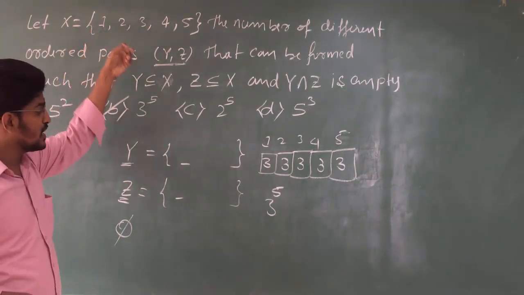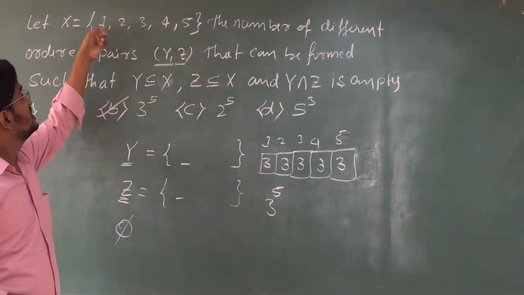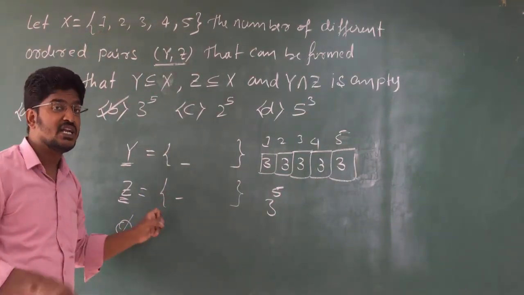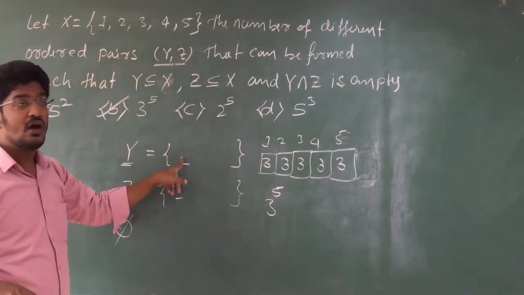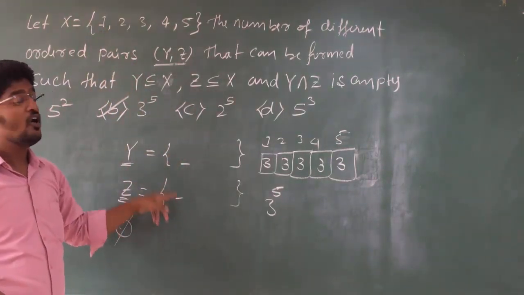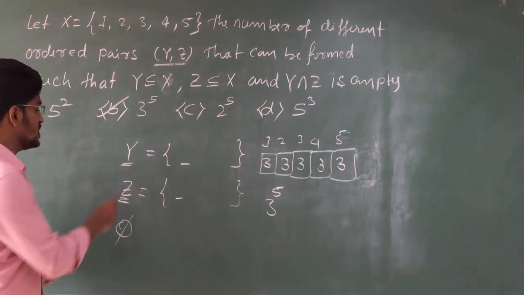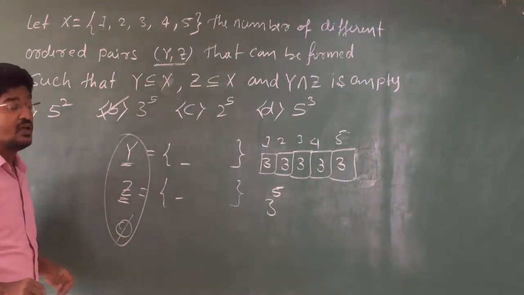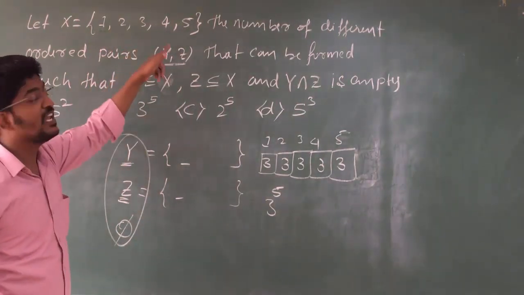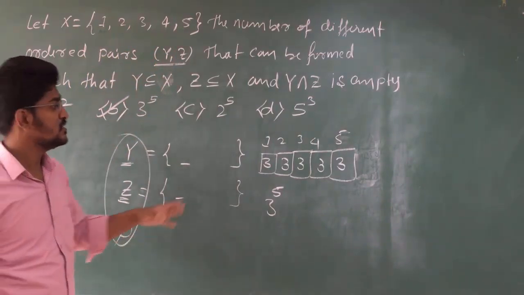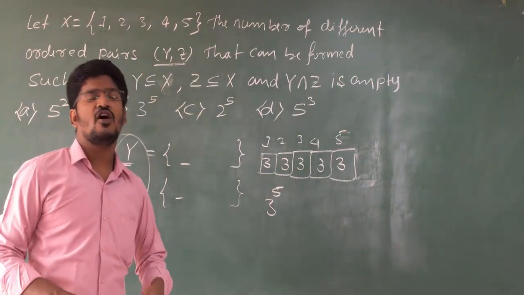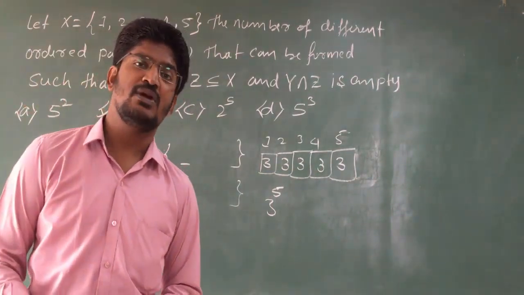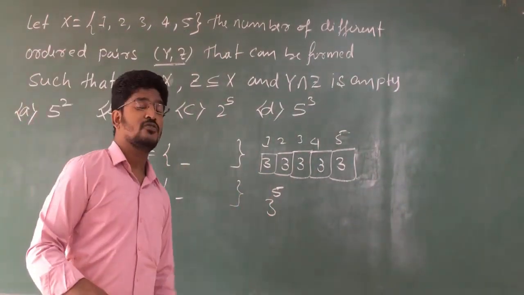Each element can be in Y, it can be in Z, or it can be in neither, but it cannot be in both. These are the 3 choices. Clear? So like this, all 5 elements have 3 choices. So that is nothing but a simple permutation problem, mathematical counting. So 3 to the power of 5.